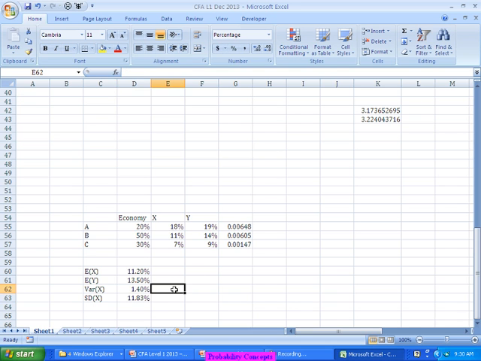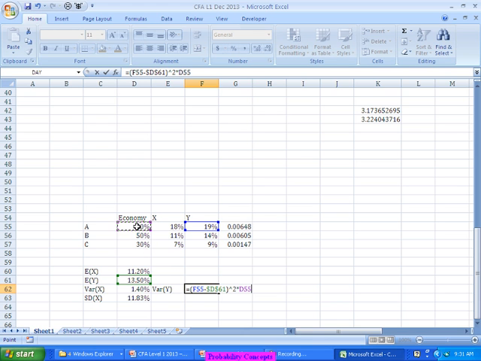Now if I want to find out the same thing for Y, this one set of calculation will solve all our questions. Variance of Y: we take Y minus the expectation of Y, whole squared, multiplied by its corresponding probability.